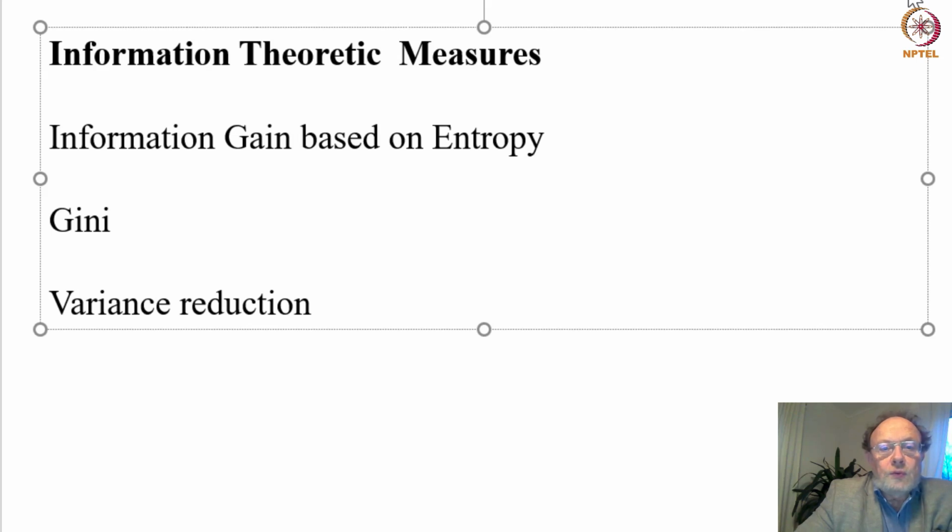As you understood, we need some information theoretic measures, ways of measuring the decision tree nodes and the associated instances, in order to be able to understand which is the optimal choice of features to use for discrimination when building up the tree.